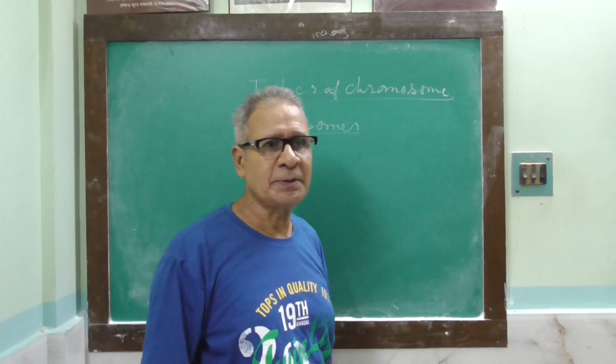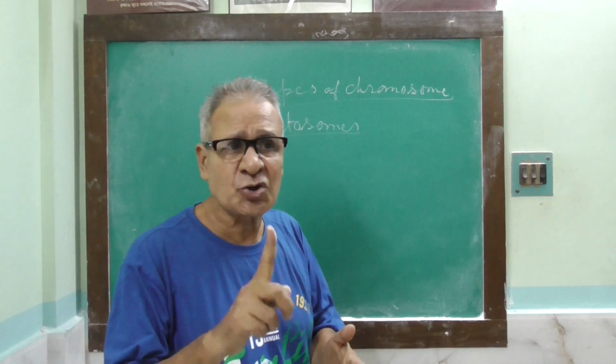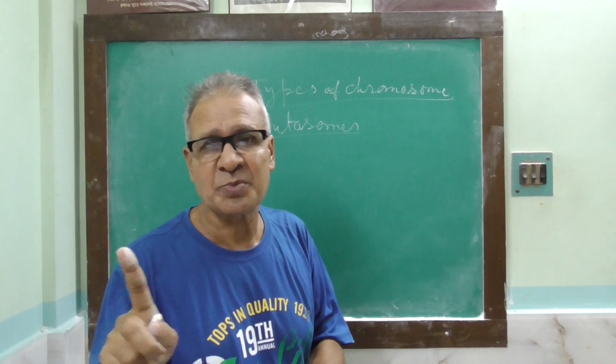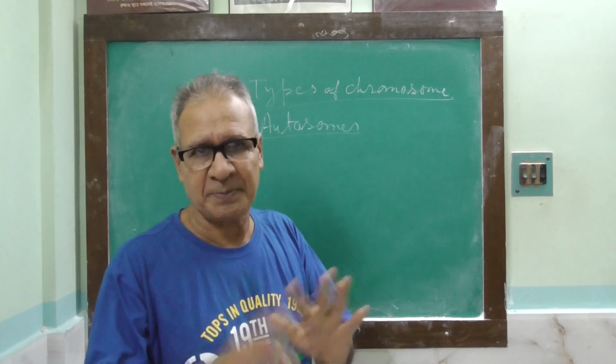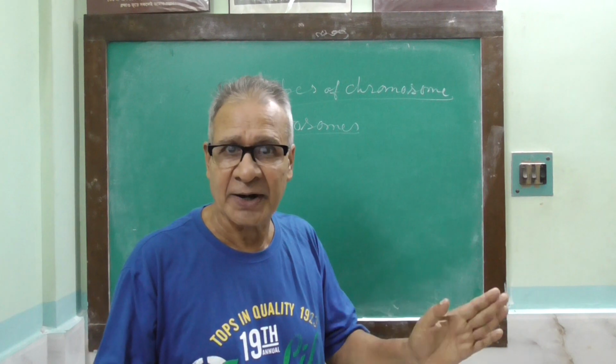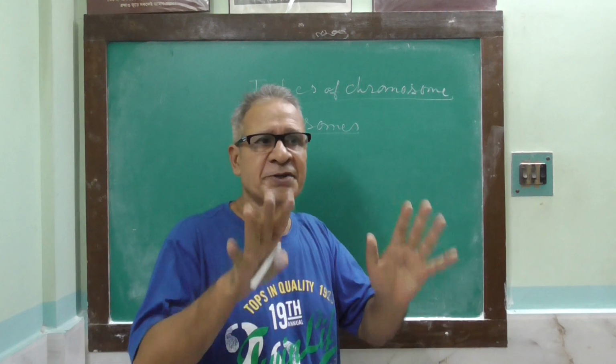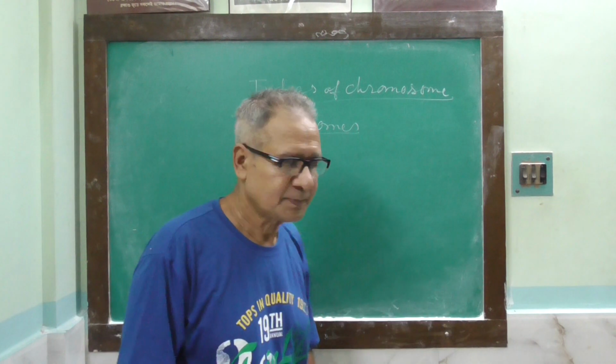In the human body, 23 pairs of chromosomes are present. The first 22 pairs are autosomes, which determine the somatic body.